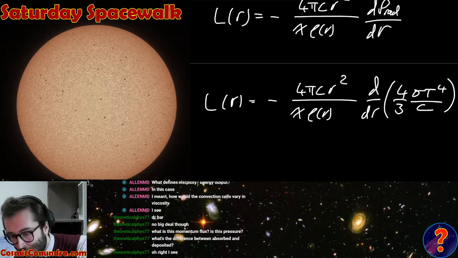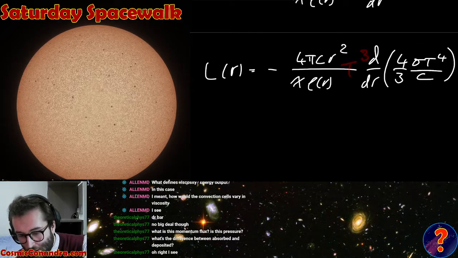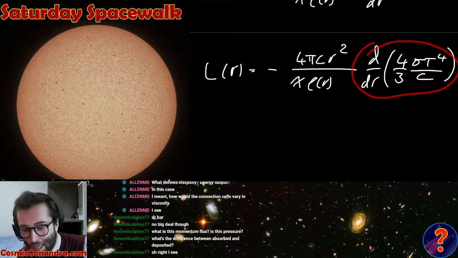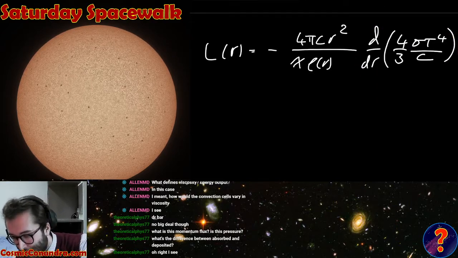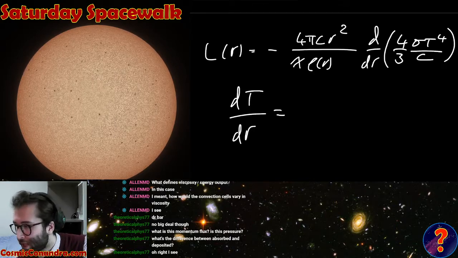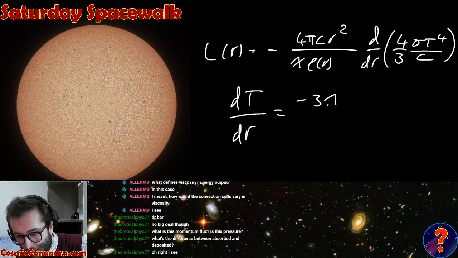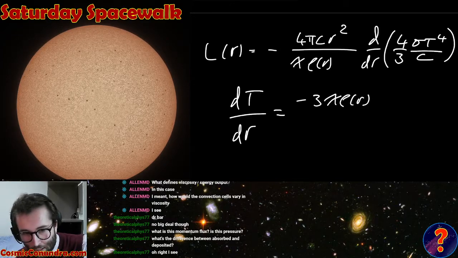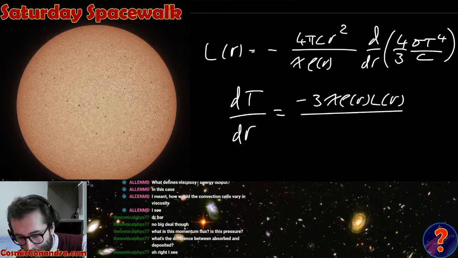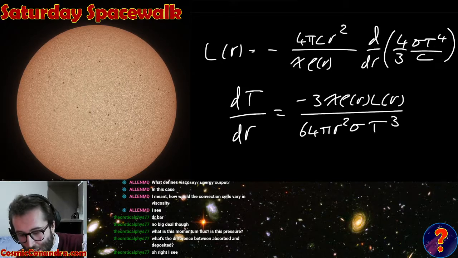And when you do that, from the chain rule, you'll see you'll get a T cubed out here, and we'll have a dT/dr in here instead. And if we rearrange all of that and keep track of all of the factors, we end up with an equation for the temperature gradient. So that equation is dT/dr = -3 times the opacity times the density times L_r all over 64 pi r squared sigma T cubed.